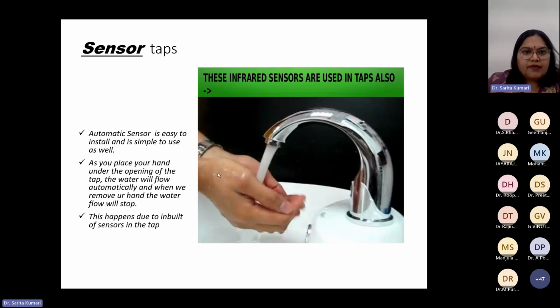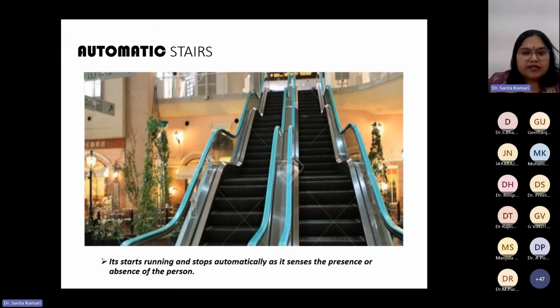Next example is the elevator, automatic stairs, which is seen in all the shopping malls. It will start and stop automatically when you come in the proximity. The automatic stair will be stopped, but as soon as you go towards the stairs, it will start moving.